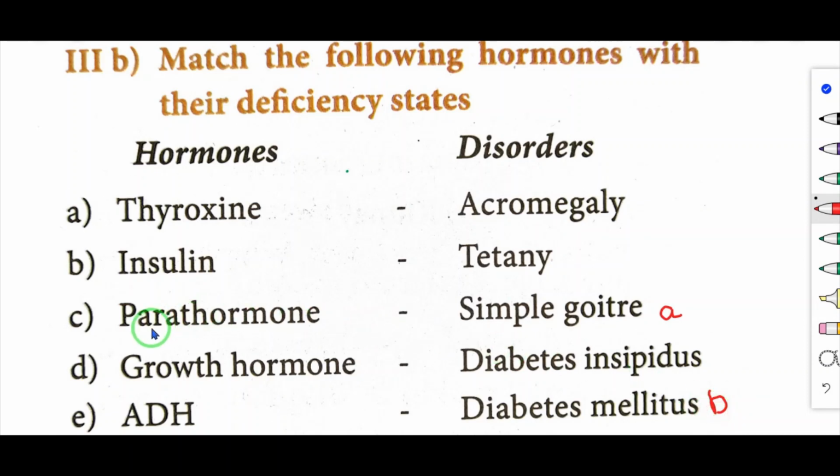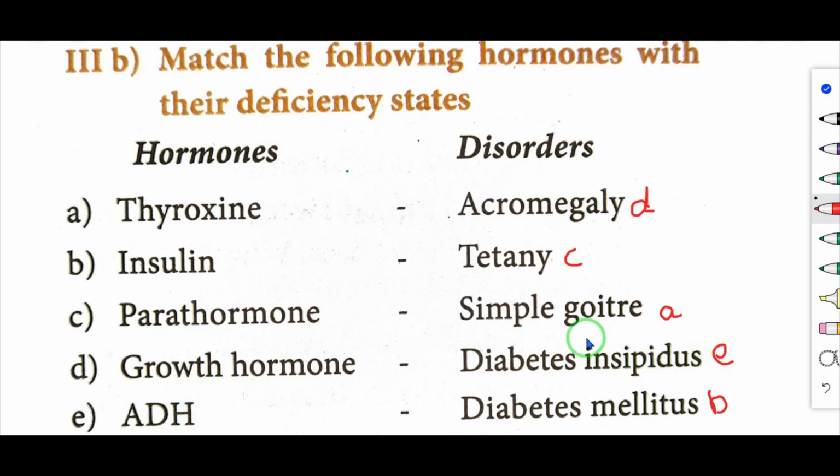C, parathormone. Deficiency disorder is tetany. D, growth hormone. Deficiency disorder is acromegaly. E, ADH. Deficiency disorder is diabetes insipidus.